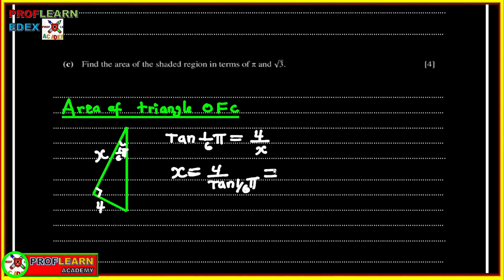So if you work this out, you are going to get your answer as 4 root 3. And because we are supposed to give the area of the shaded part in terms of pi and root 3, I can draw that sector there. So we are finding the shaded area of the upper part.